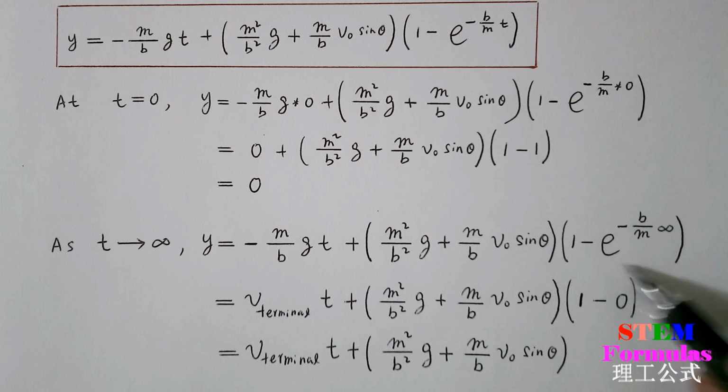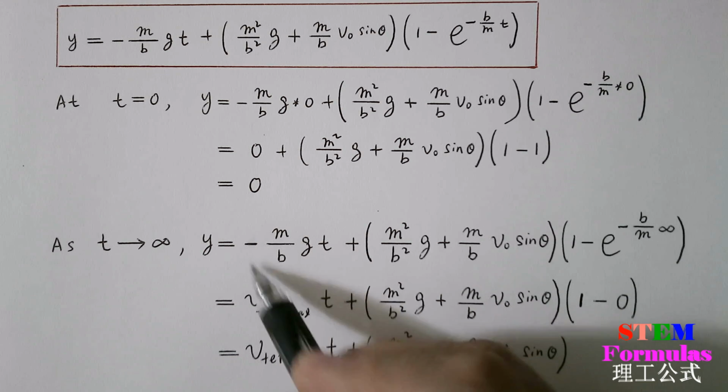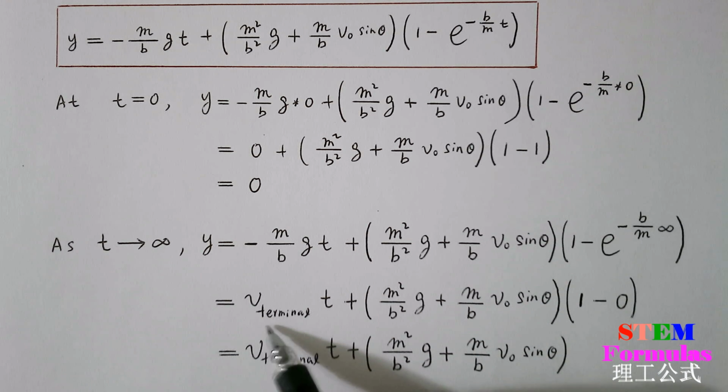So this term equals 0, and this term is v terminal, the terminal speed.